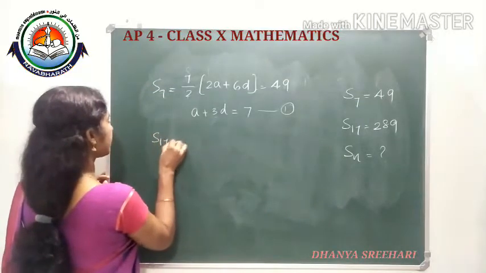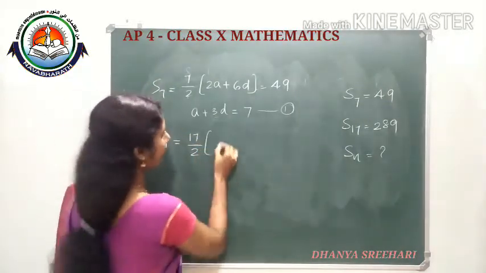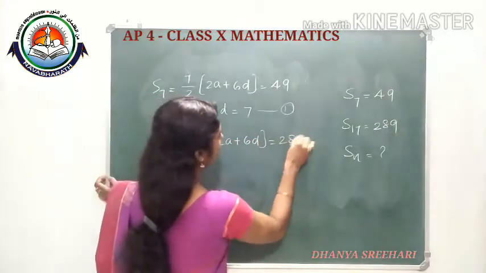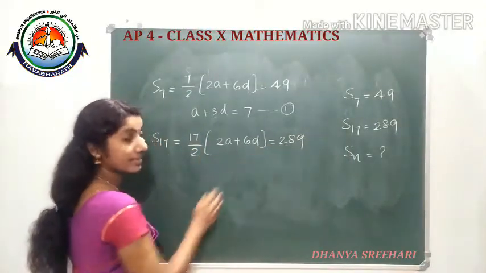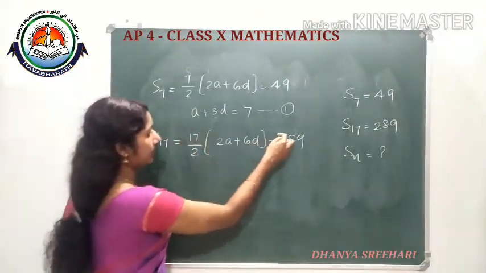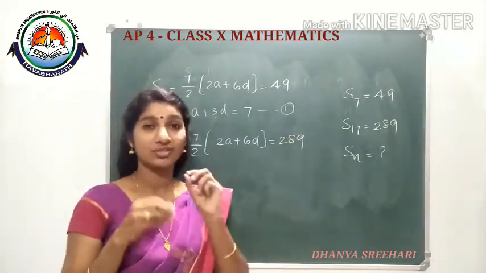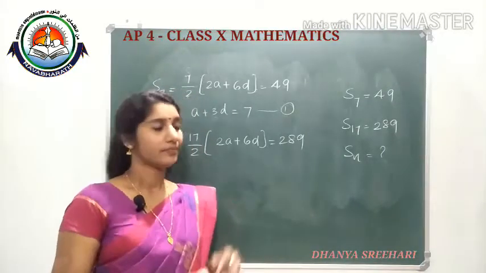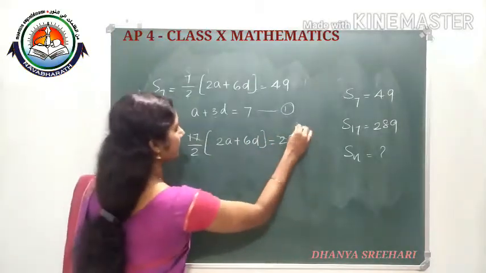Next S17 is equal to 17 by 2 into 2a plus 16d. It is given 289. Same thing I am doing here also. 17's multiple is 289, 17 times 17 is 289. You can choose which method is easy for you to simplify, do that one. Okay. Then 17 and 289, cancelled. So I got 17 here.